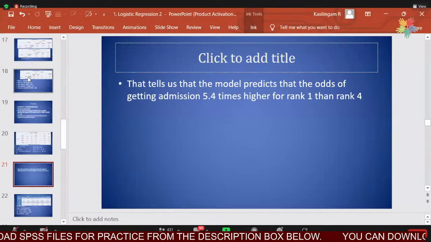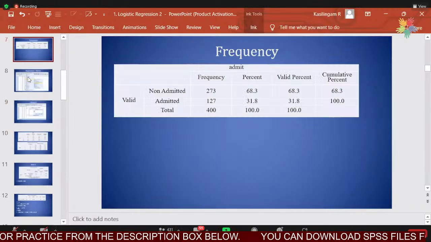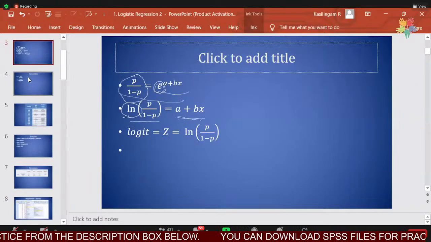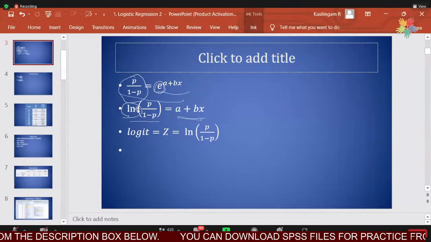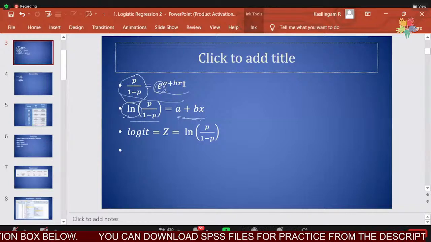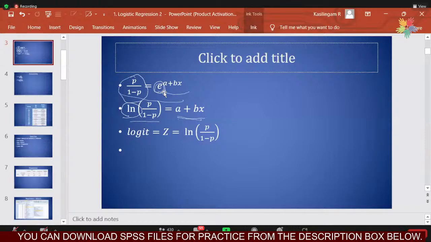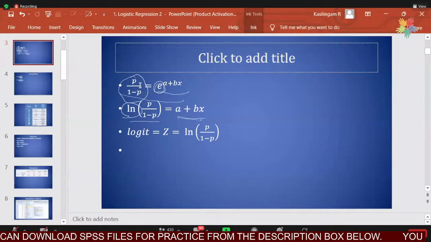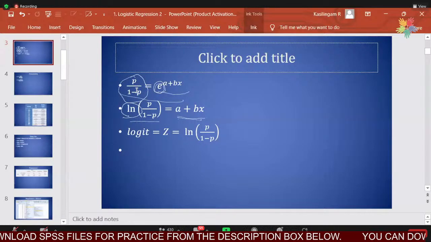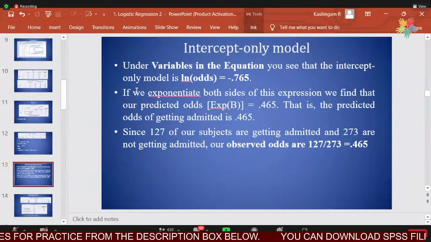Now you should not forget this first equation. So odds is equal to e to the power x, I am explaining with e to the power x. So this is equal to odds. Now how am I writing?